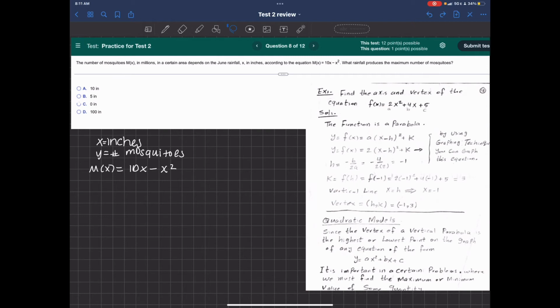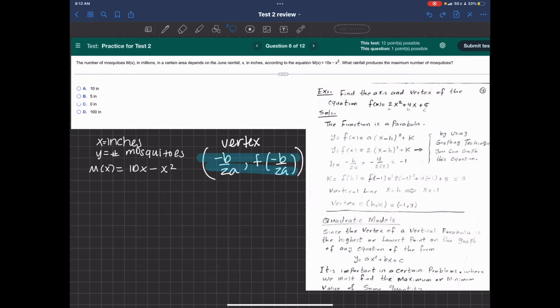We are actually looking for the vertex. To find this, I guess he calls it the general formula, or we are going to use the axis of symmetry. So the vertex is going to be the axis of symmetry and then the value of the axis of symmetry substituted into the original function.